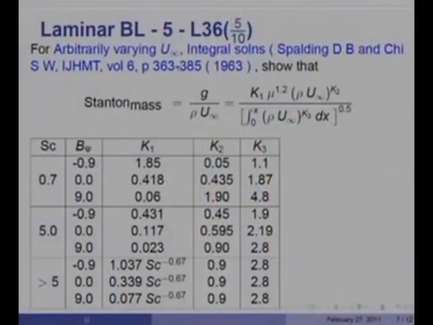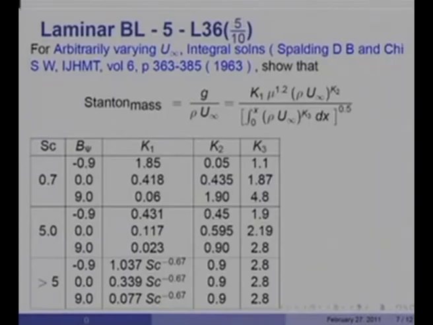Now, that was for m equal to 0 and therefore u infinity constant. What if there is an arbitrary variation of u infinity? Then the Stanton number based on mass transfer, as you know, Stanton number is Nusselt number divided by Reynolds Prandtl.